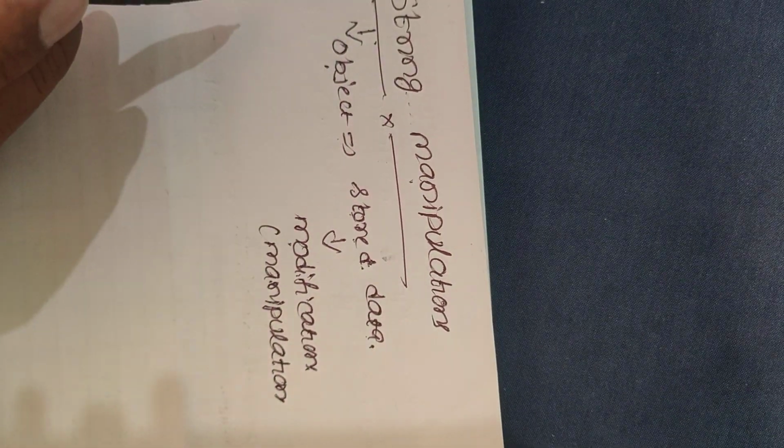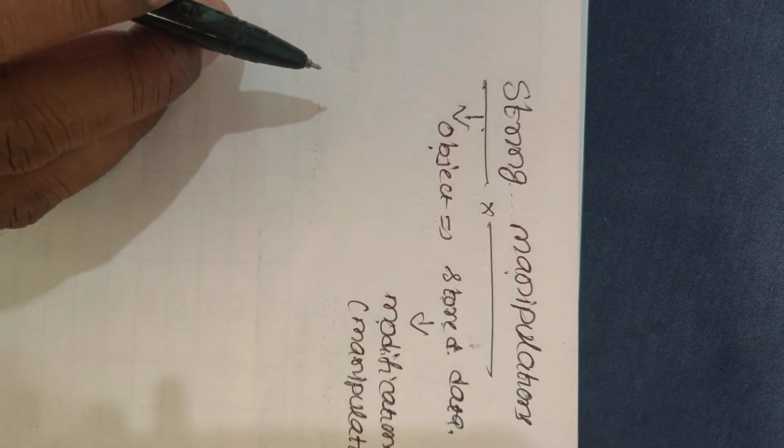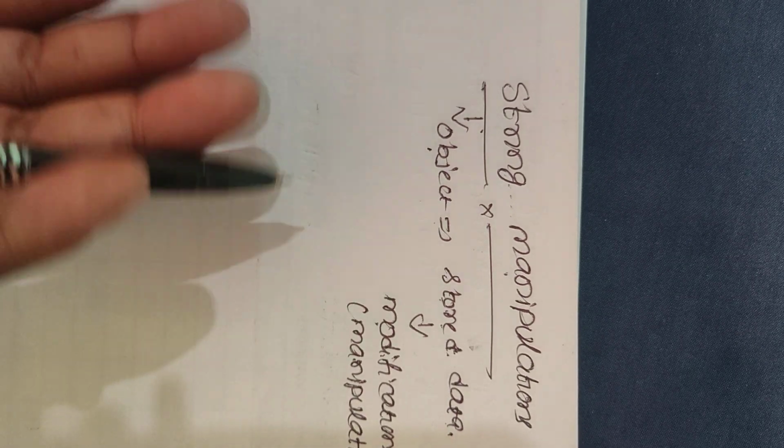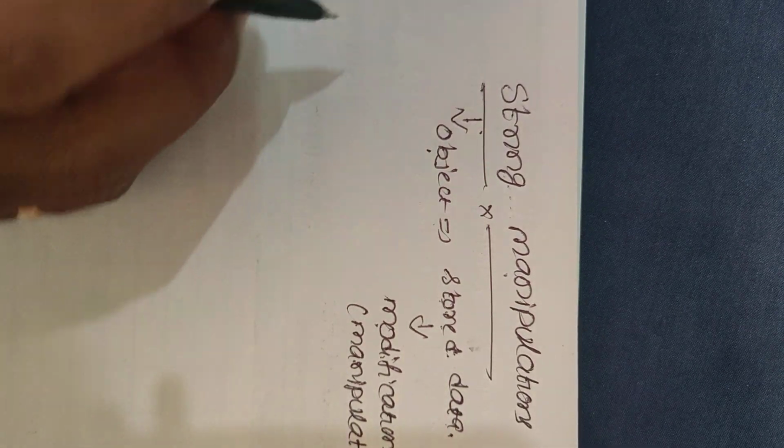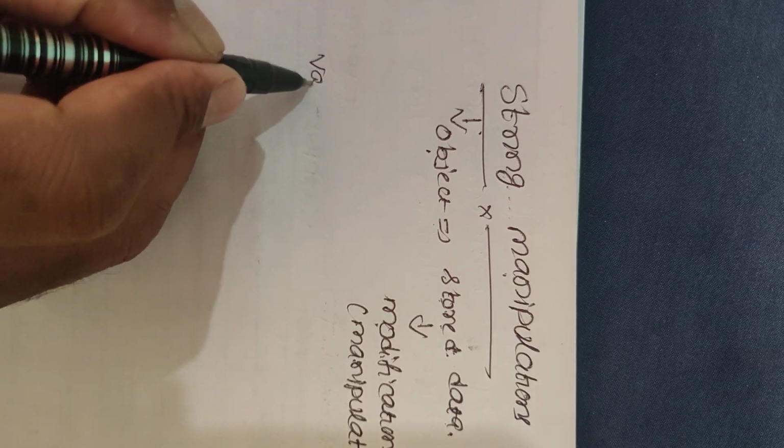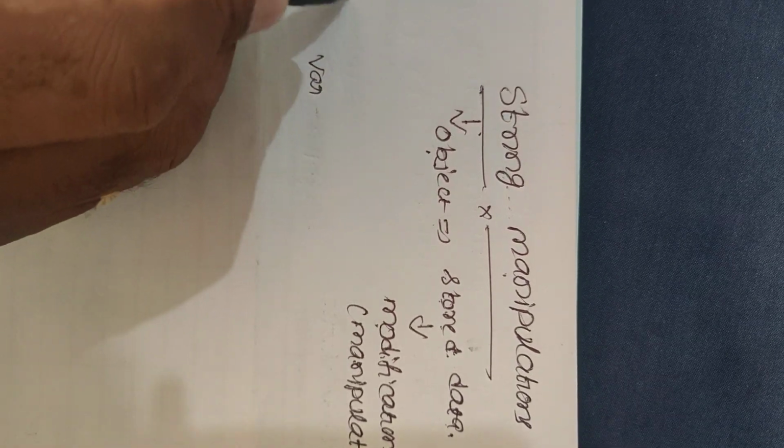So first of all, we will see how to create a string object, and after that how to assign the data to that string. There are two types of syntax for creating the object.